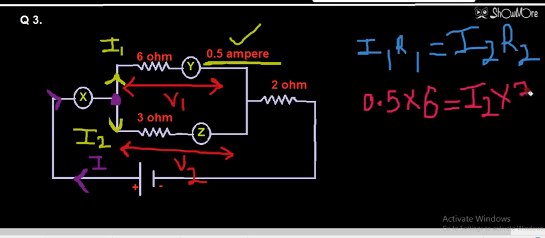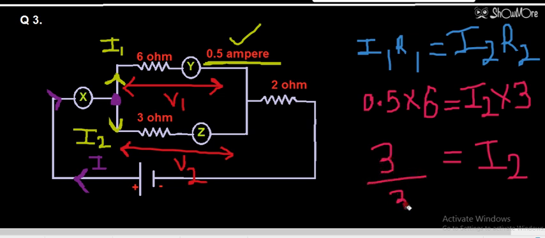So in the next step we can find I2. I2 will be equal to 6 into 0.5 divided by 3. So 3 by 3, the value of the current I2 will be equal to 1 ampere.